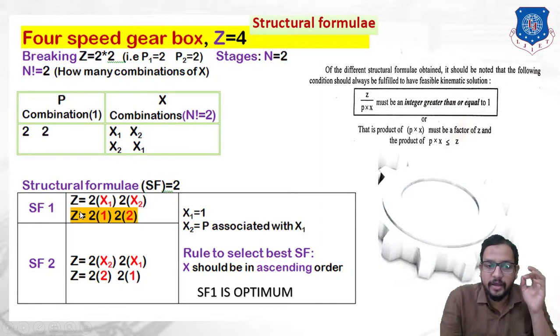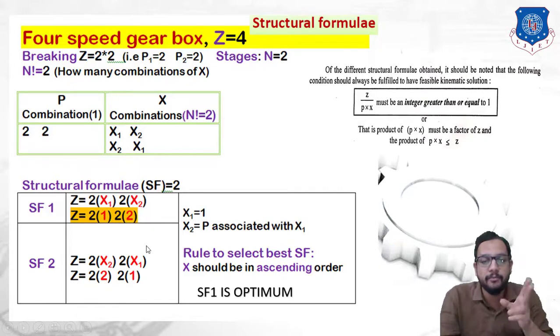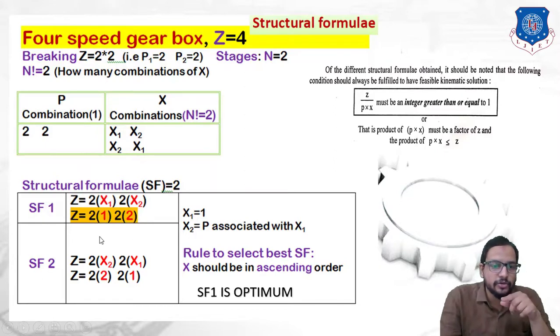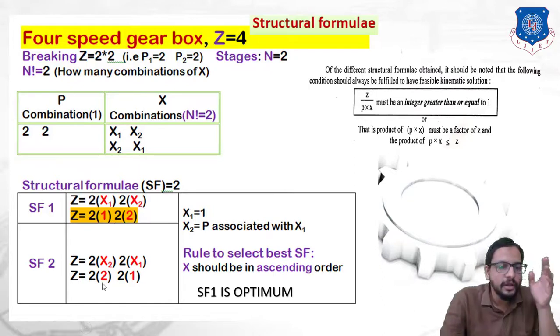Over here I have written Z is equal to 2 in a bracket 1 into 2 in a bracket 2. Now how has this 2 come? We know that we need to take x2 is equal to p1. Remember, x2 is equal to p1, associated with x1. So our structural formula will become Z is equal to 2 1 into 2 2. SF2, that is the second structural formula, Z is equal to 2x2 into 2x1.